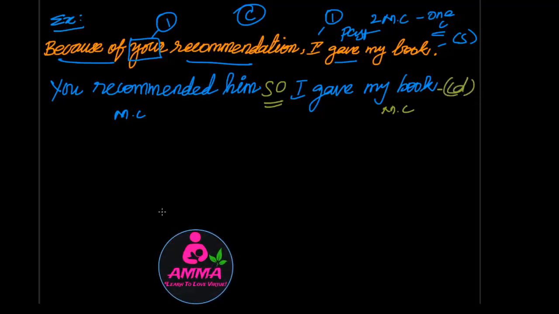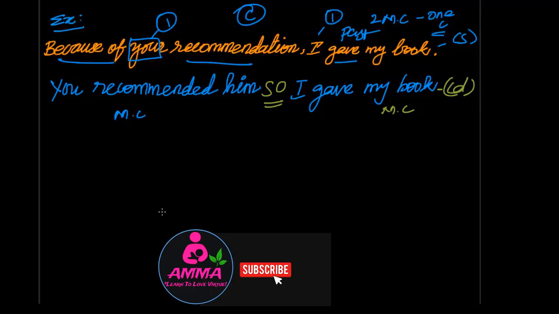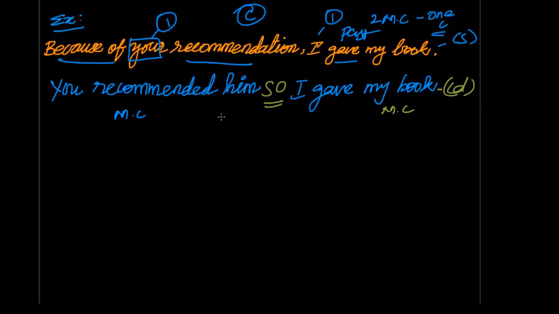Now we move on to the complex sentence. How can we change it into a complex sentence? Because of in a simple sentence, so or therefore in a compound sentence, means we can make it as, since or because. These 3 words we can use in a complex sentence. We just take as here. So in a complex sentence, what do we need? 1 subordinate clause and 1 main clause, no conjunction.